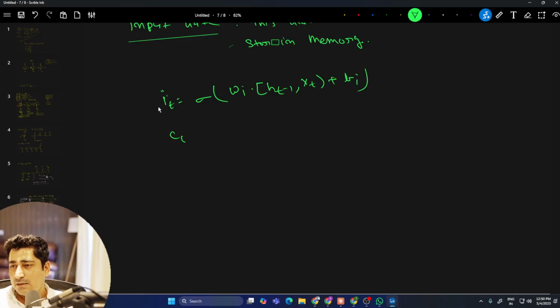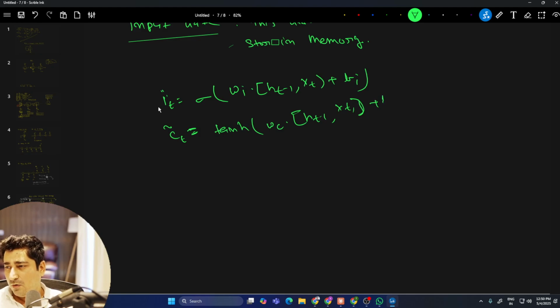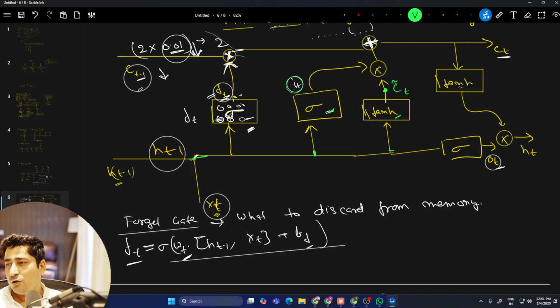And then C delta T, the intermediate memory that we are trying to build, is tanh of the weight times H of t minus 1, X of t, plus B of C delta. The same input goes in, and this is the output which I will get here.